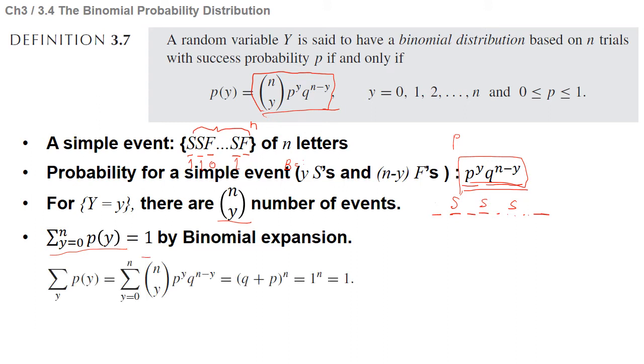The sum can be represented as q plus p to the nth power, and since q plus p equals 1, 1 to the nth equals 1. So this is the binomial probability distribution.